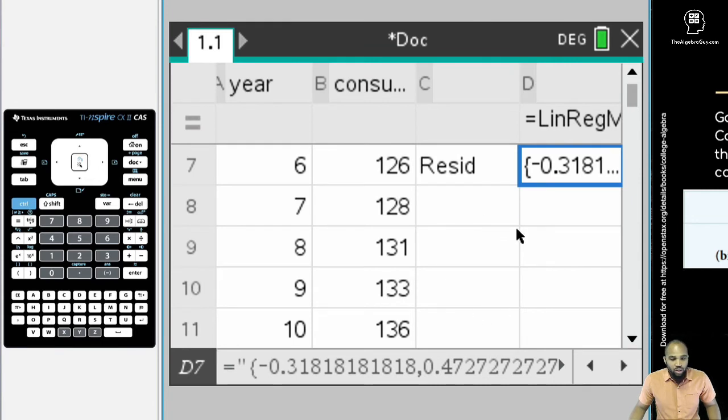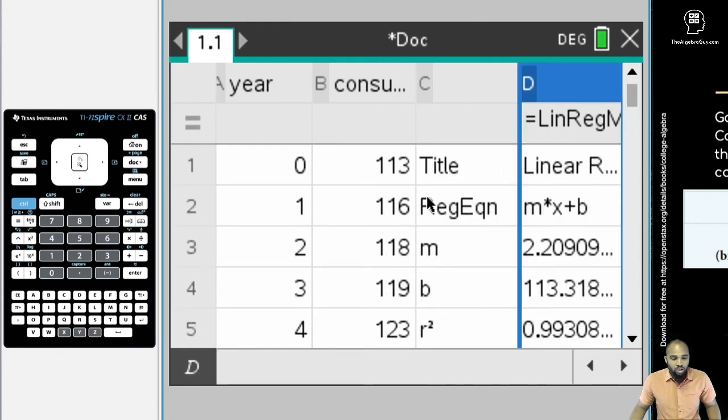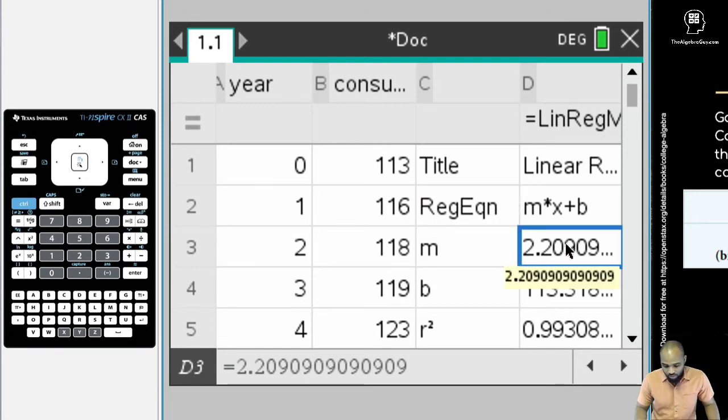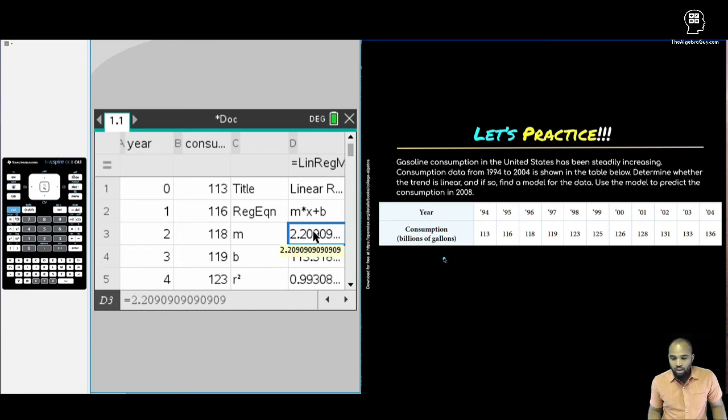And when we did that, we were able to see, let's scroll up here, we got that title, the MX plus B. Here's our slope. So if I were to write this out, my slope is 2.2090. It just keeps on going.